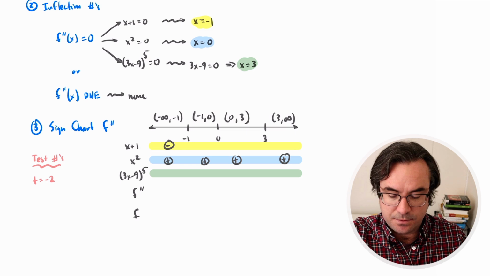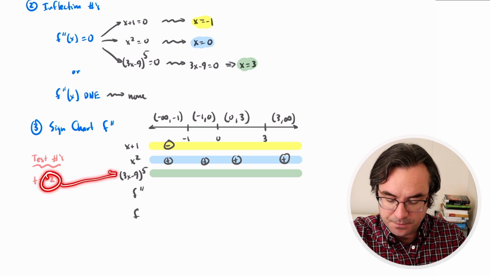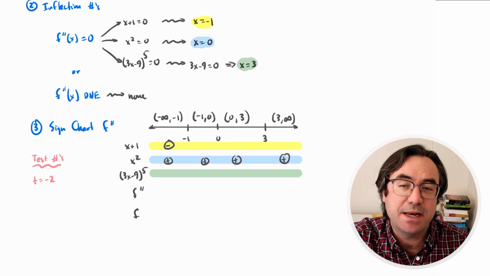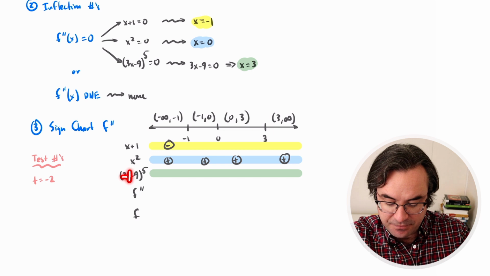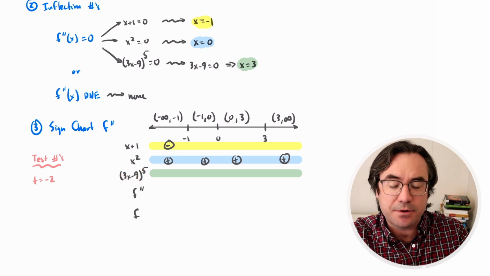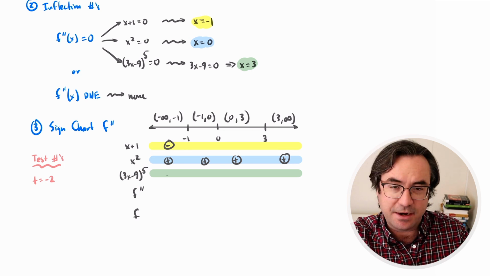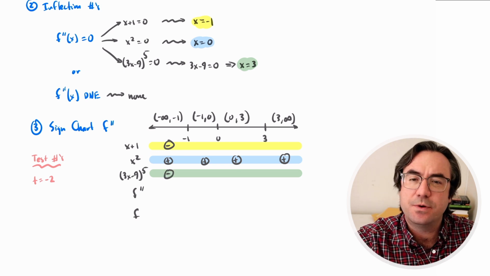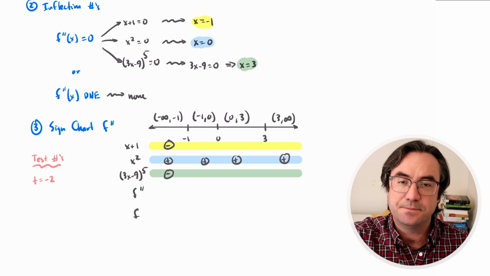And when we take -2 and plug it into this factor here, we get -6 minus 9, which is -15. And -15 raised to an odd power is going to be negative. A negative number raised to an odd power stays negative.